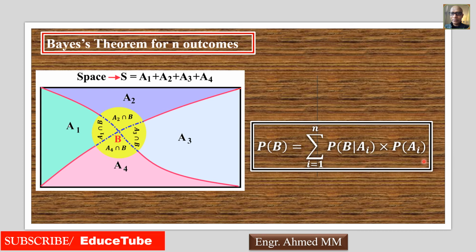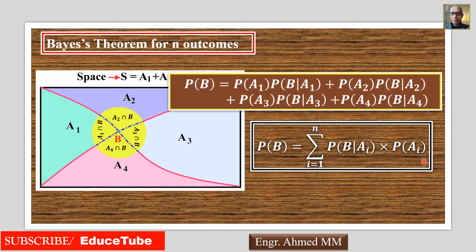In the next slide we will use this to get the generalized form of Bayes theorem. And I also brought this equation to show how it comes.